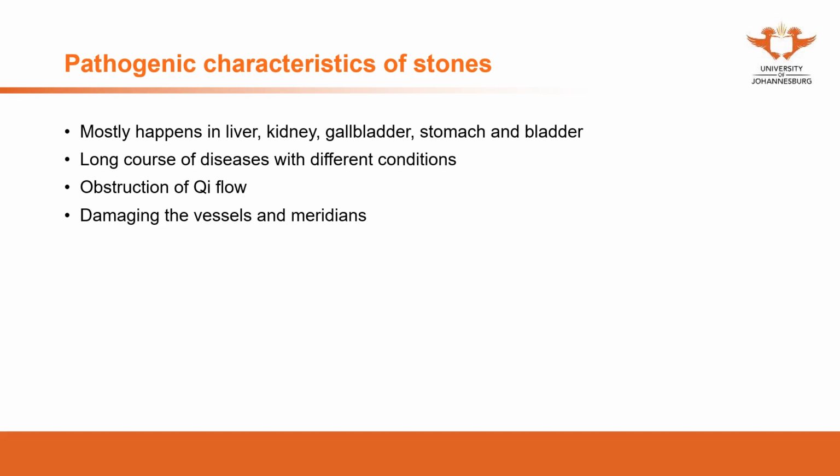These are the organs where they mostly happen. The course of these diseases is quite long, and the stones can obstruct the qi flow, damaging the vessels and meridians. So it depends on the situation.